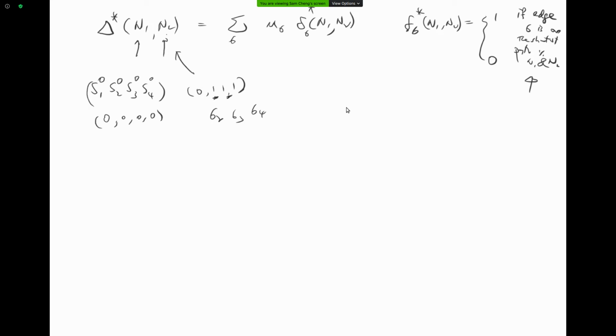Delta star sigma is equal to 1 if the subsets selected from sigma by M1 and M2 are different subsets. Okay, so that's basically it for the additive tree metric.